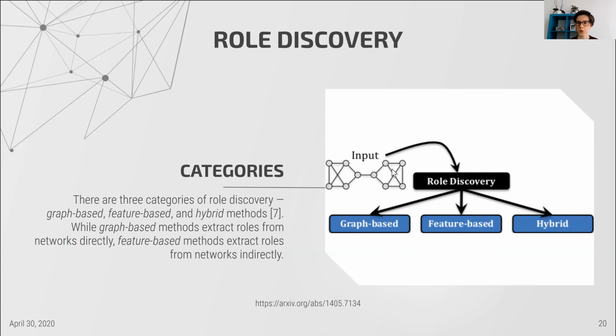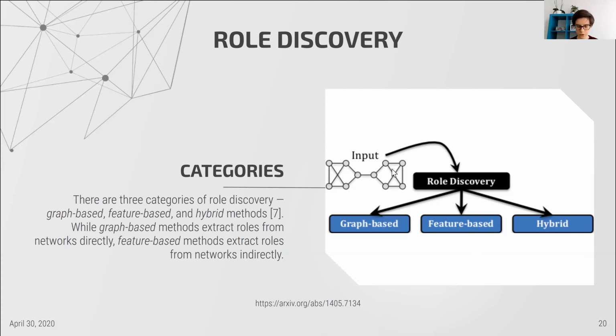The main difference between the two main categories is that while graph-based methods operate on the graph itself directly, feature-based methods want to be more scalable by operating on the graph indirectly via features.